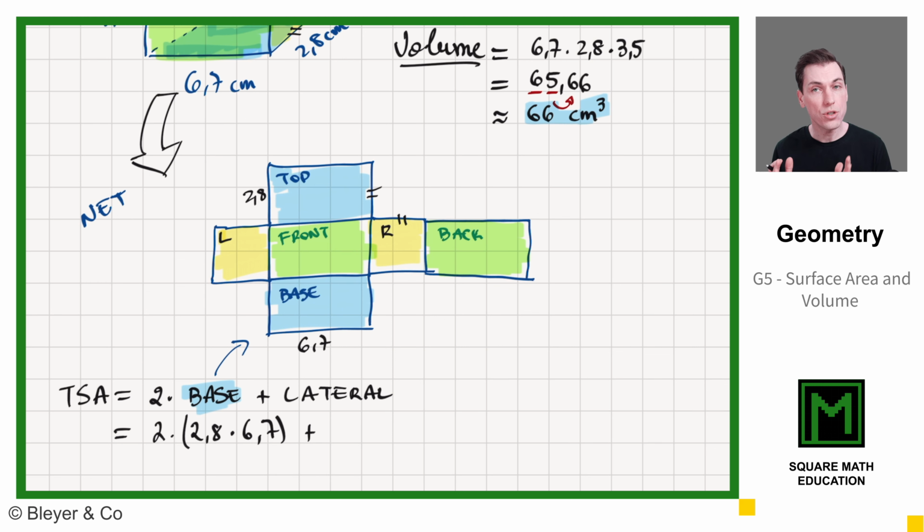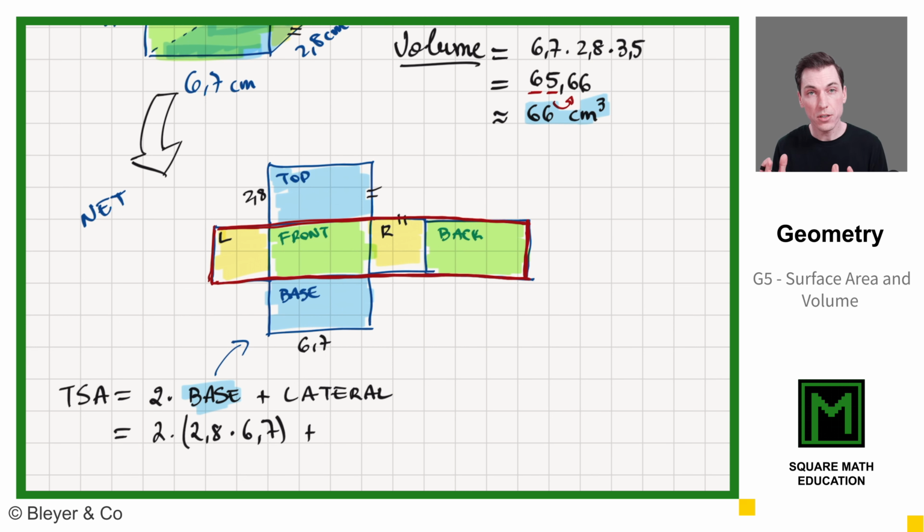The lateral area you could do in two different ways. You could calculate the yellow rectangle multiplied by 2, then calculate the green rectangle multiplied by 2, and add them up, right? That's going to be the lateral area that goes around my shape. Or alternatively, you could draw a big rectangle here and combine all these measurements into a single lateral shape.